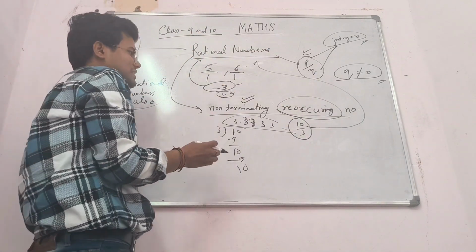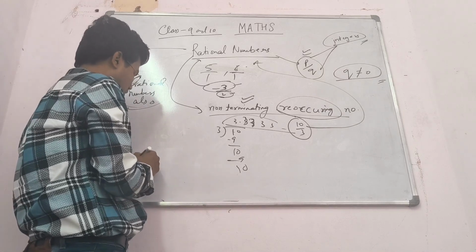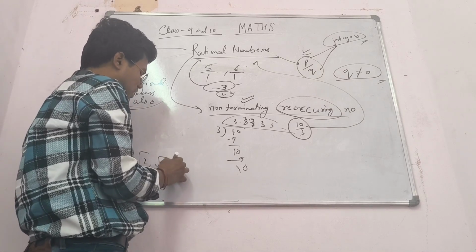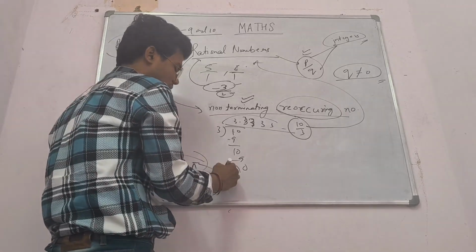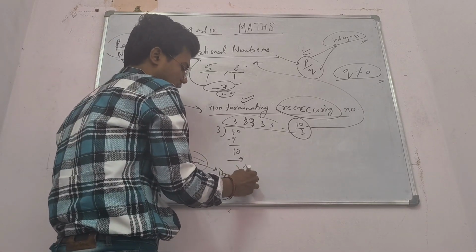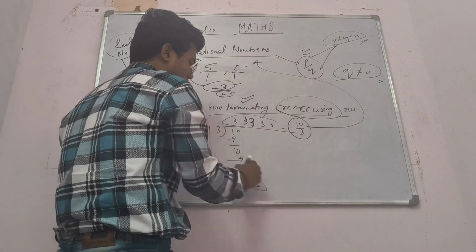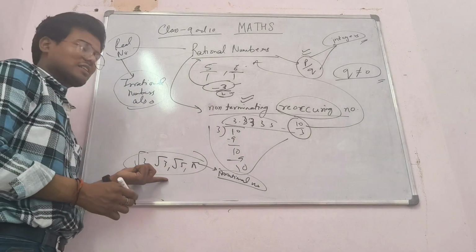But there are some other categories. For example, root 2, root 3, root 5, pi. These all are irrational numbers. Why am I telling you these are irrational numbers?